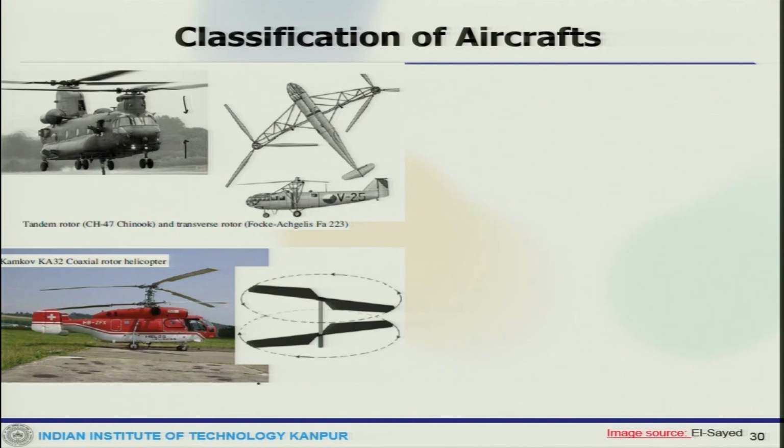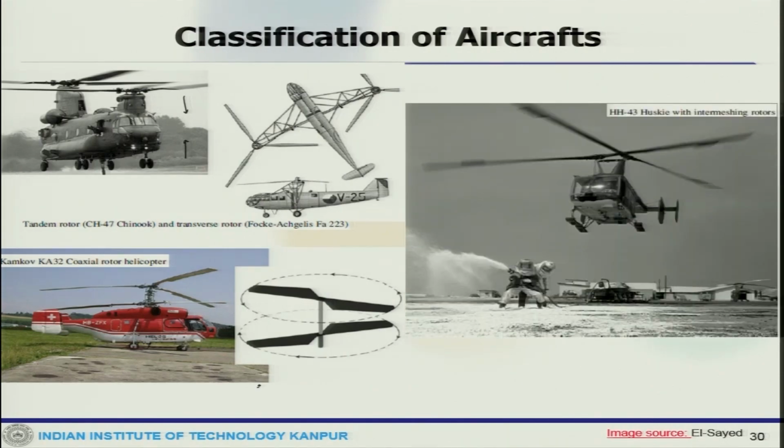Then coaxial rotors, this is an example of coaxial rotors, where they are mounted one above the other on concentric shafts with the same axis of rotation, but they turn in opposite directions. That means one goes in this direction, the other goes in this direction. Then you have the intermeshing rotor, which is an example of this.